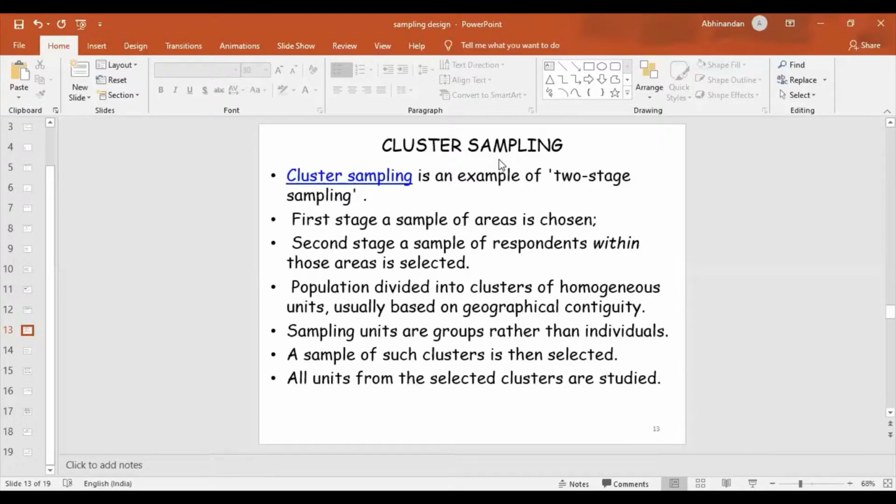Therefore, I have to divide the entire population into North India, South India, West, and East. On the basis of geographical area, I have to divide. Then I select samples from each group or each cluster. Each group is called a cluster here. From North India, I select some samples, from South India some samples, and from West and East some. That is called cluster sampling.